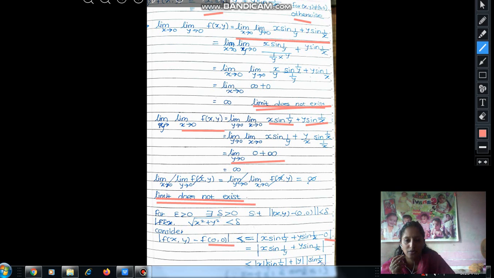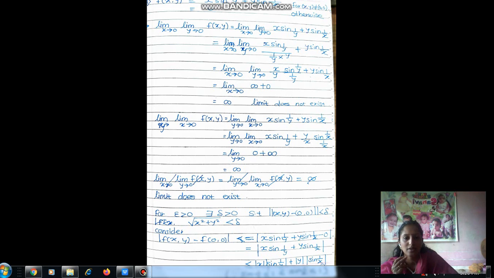So the function f of x, y has x sine 1 upon y plus y sine 1 upon x. Separating, the modulus is less than or equal to modulus of x into sine 1 upon y plus modulus of y into sine 1 upon x.